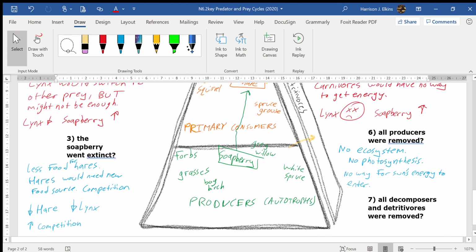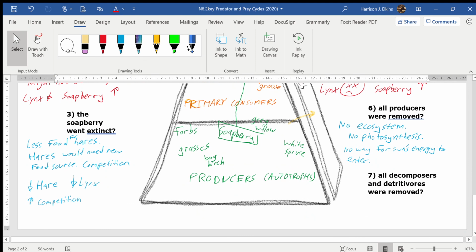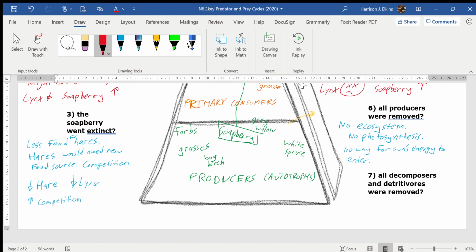Okay, so we haven't really discussed decomposers or detritivores, but what would happen if they were removed? If we removed the mushrooms from the food web, what would happen? Well, the obvious thing would be that there'd be waste everywhere. So you'd probably have dead bodies and bones and skeletons and meat that wasn't being decomposed.